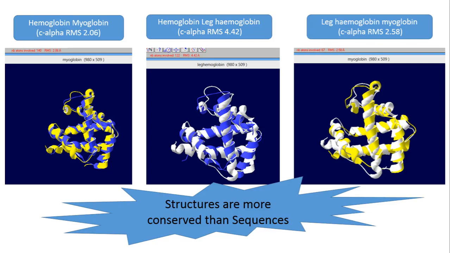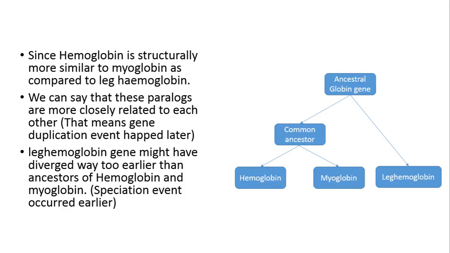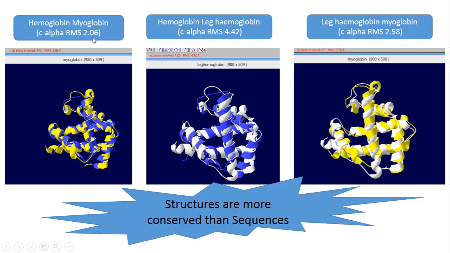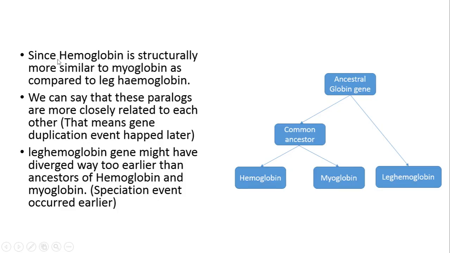Say, for example, if you compare the RMSD values, since the RMSD value between hemoglobin and myoglobin is comparatively the lowest, you can say that hemoglobin is structurally more similar to myoglobin as compared to leghemoglobin. Sorry.